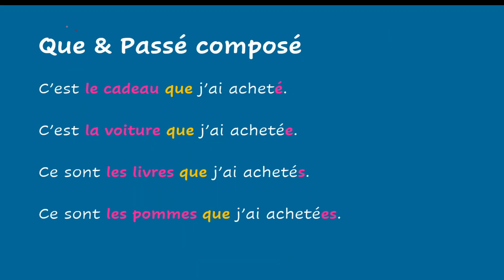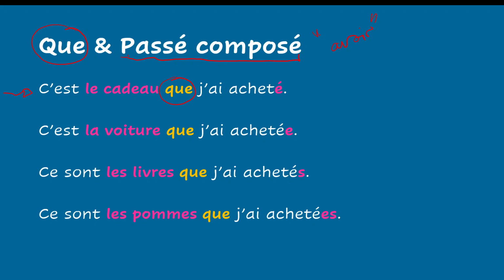So now the last aspect we want to cover is que and the passé composé with the auxiliary avoir. It is very important. Look at this. C'est le cadeau que j'ai acheté.